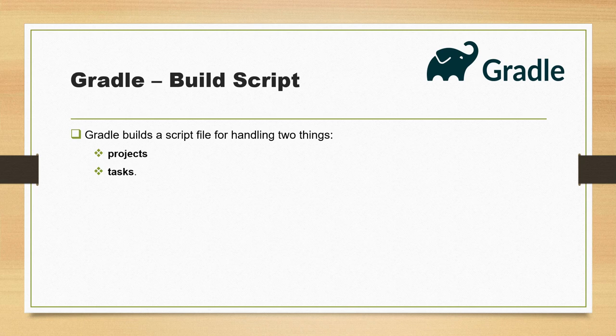A project represents a binary jar or a web application, or it might represent a distribution assembled from the jars produced by other projects. In simple words, a project is made up of different tasks.